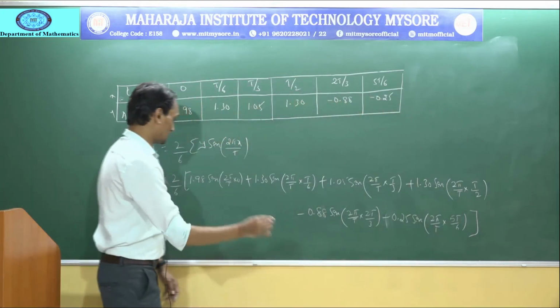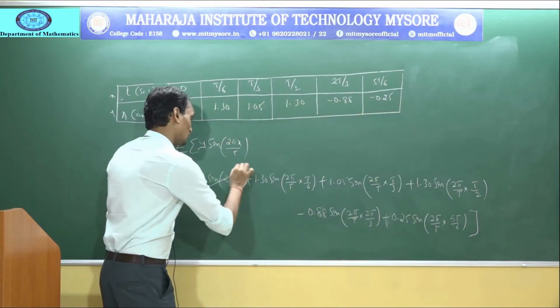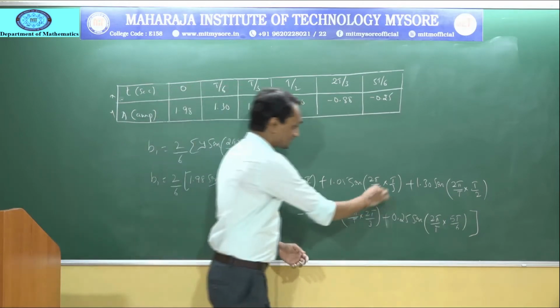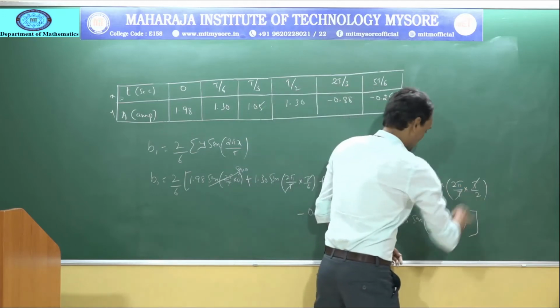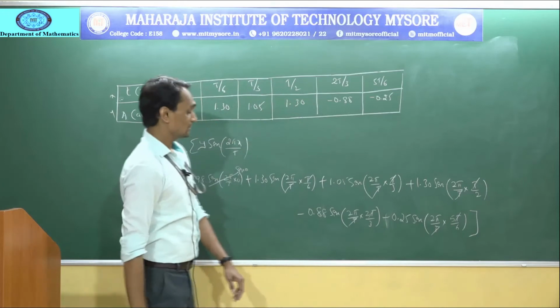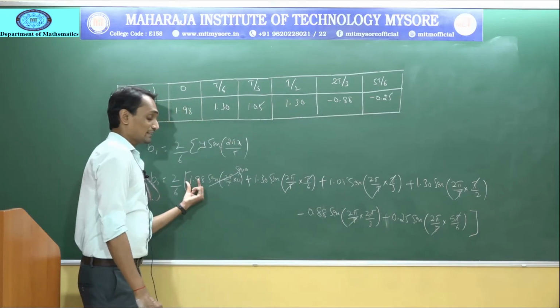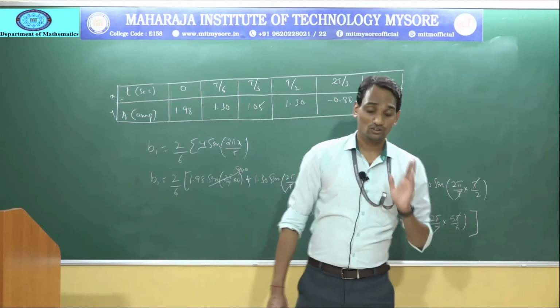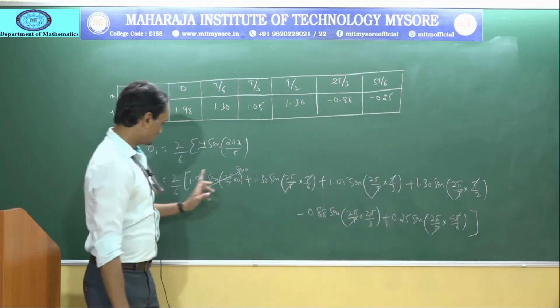Now see, is any value cancelled? Here sine 0 becomes 0. In this case t and t cancel, and all these values cancel, remaining 1.98 into the remaining values, which you calculate directly in Calc itself. That is how to substitute the values.